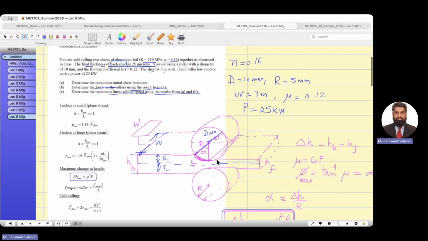Suppose this is the tangential speed, and suppose I take this roller and the speed is this one. This is my radius, and this is rolling with omega. Do you know V equals R omega?